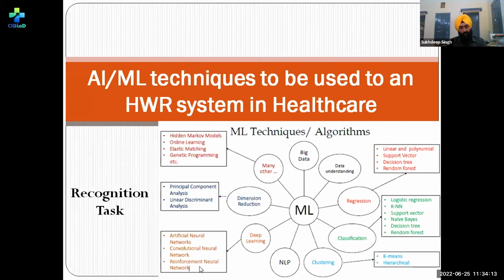If we are using classification techniques, which will be used after the training of the model, in that case we may use different recognition techniques. Hidden Markov models are mostly used in speech recognition and handwriting recognition. In the case of hidden Markov models, we deal with statistical or probabilistic data.